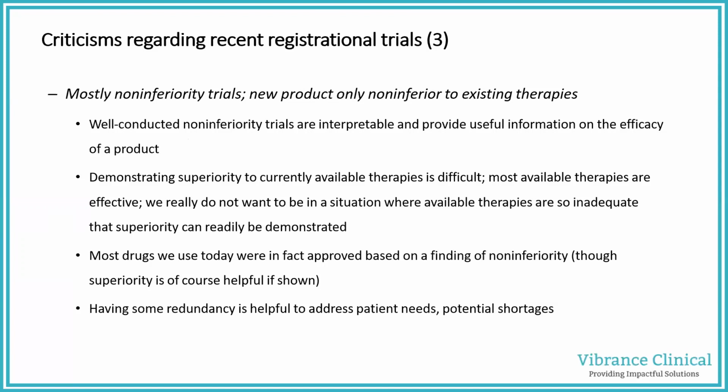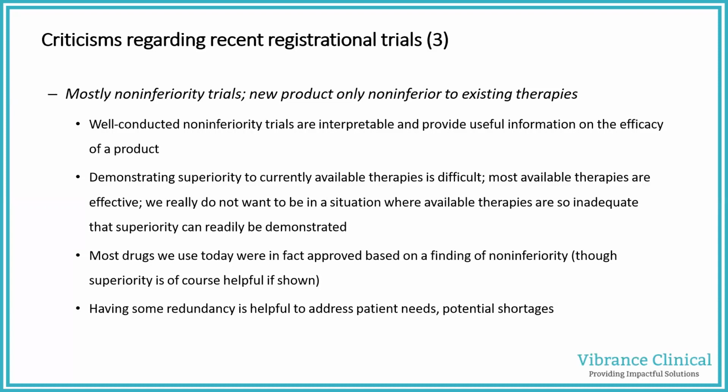There was a lot of criticism regarding this, as I mentioned earlier on. You might do a very well-conducted non-inferiority trial that is interpretable, and it might provide useful information on the efficacy of a product. But it might be acceptable because risk profiles and the way the regulators look at it can be different. And that might be a problem.